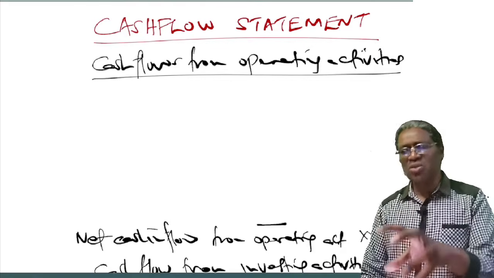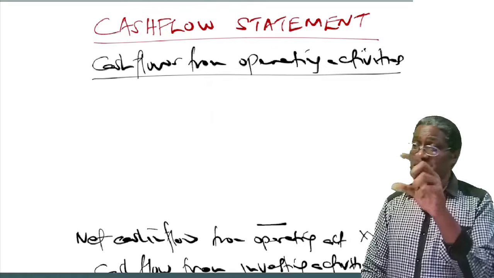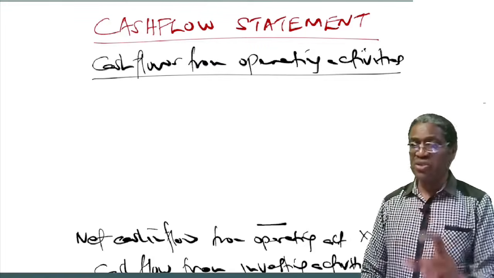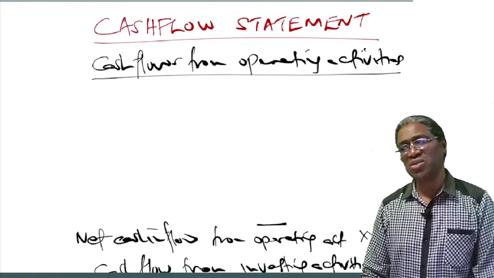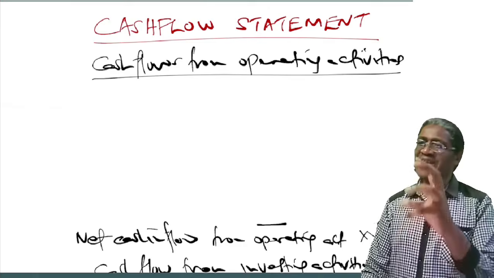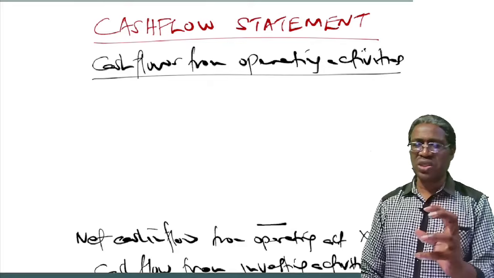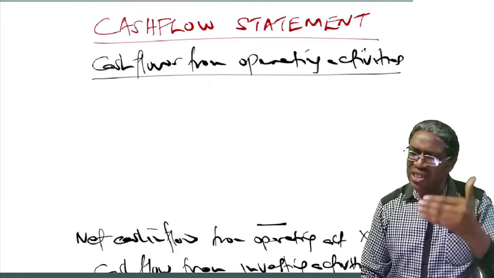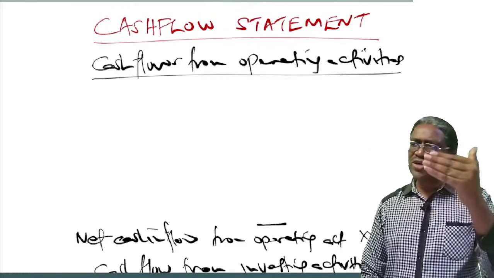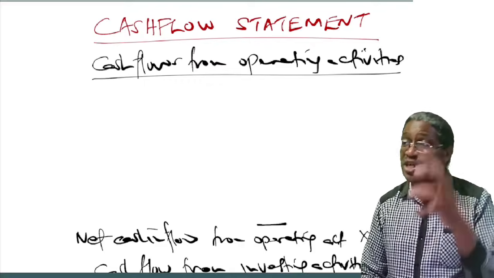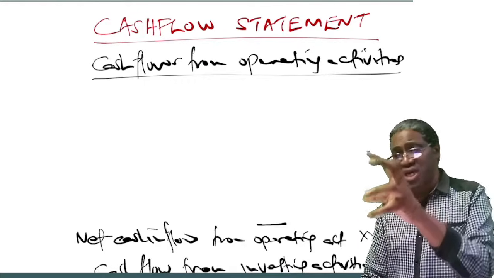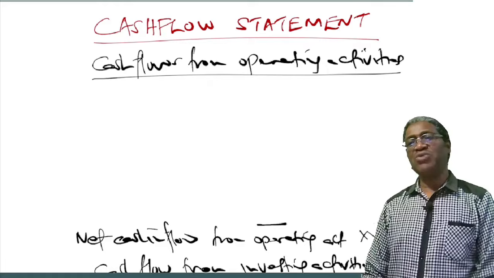Any transaction or event that is used in the determination of profit in a business is classified as an operating activity. So we are asking ourselves, from all those transactions and events that were used in the determination of profit, how much was the cash flow from them?